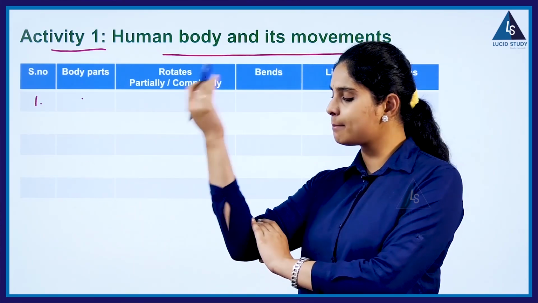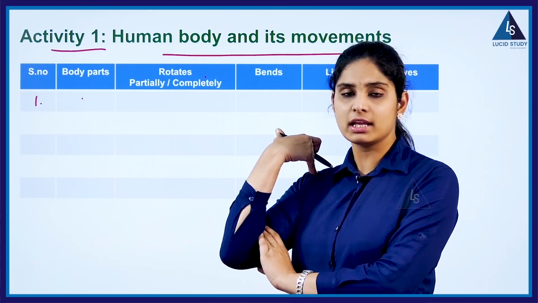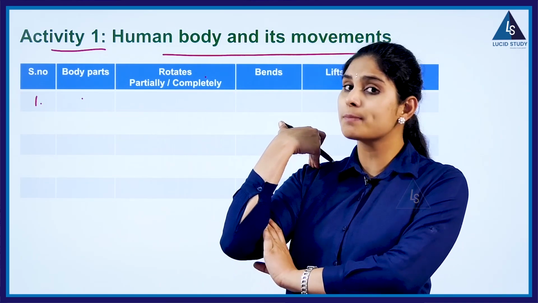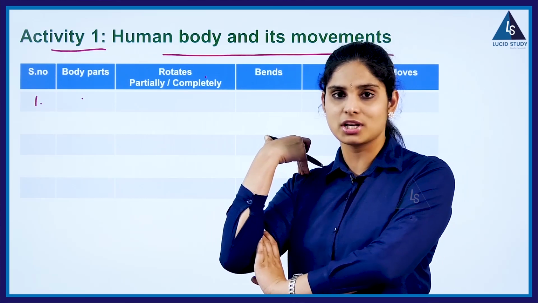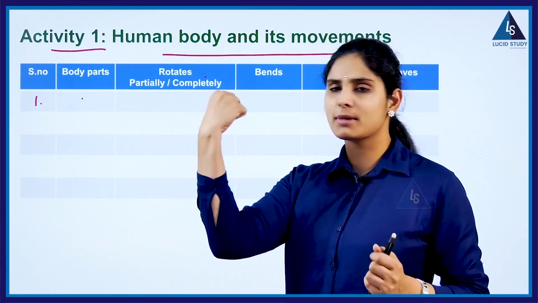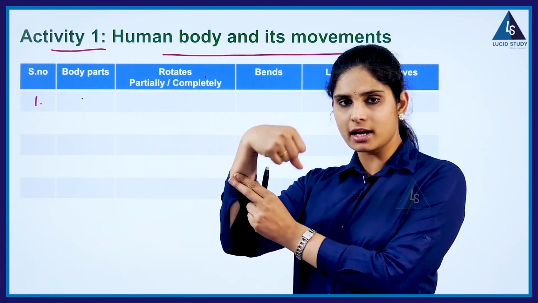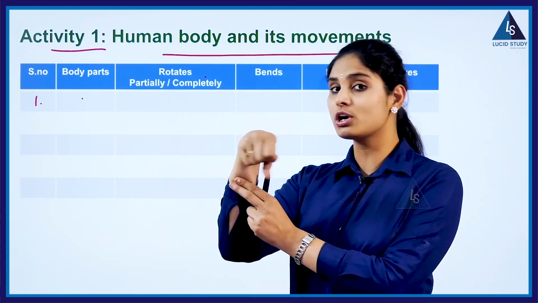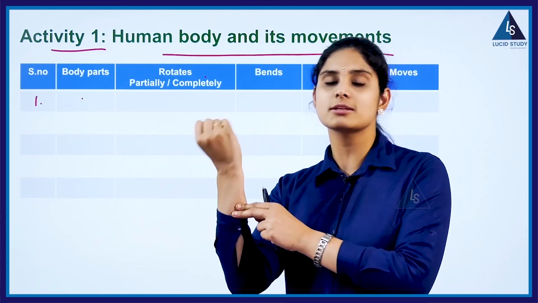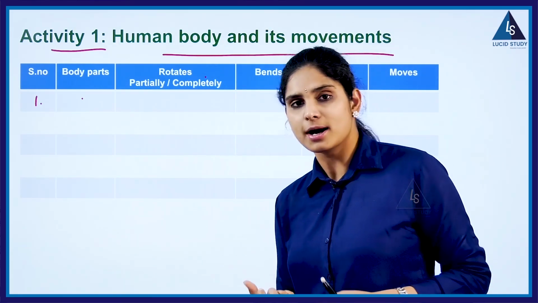Now when I am bending my hand, is it taking place completely or partially? Yes, partially. So here we say rotation. Now take my wrist. Now what happens to the wrist? We rotate it, right? Now is it rotating completely or partially? Likewise, this way you have to note down your observations.